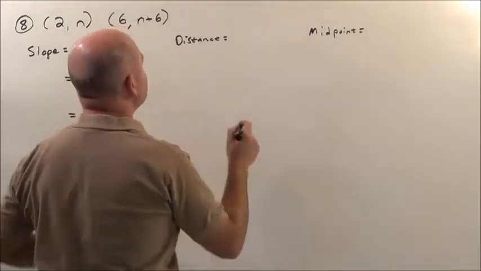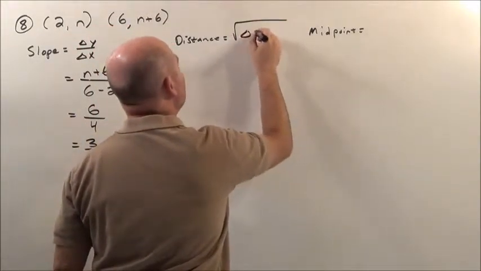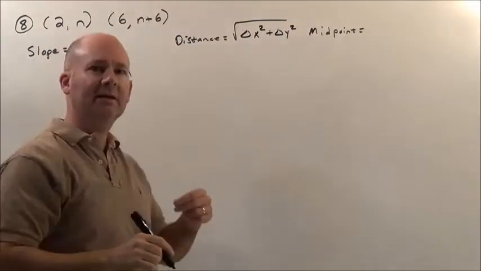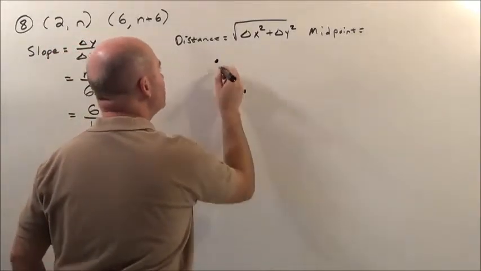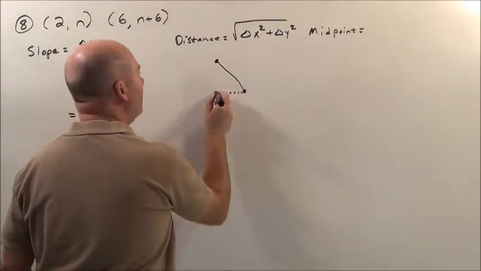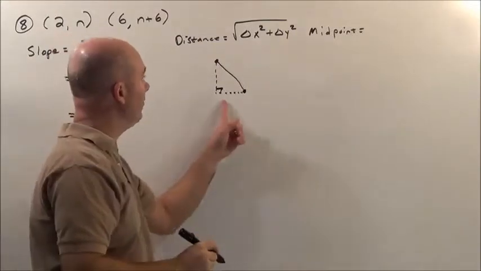The distance. Well, we have that nice formula for the distance. It's the change in our x's squared plus the change in our y's squared. Again, it comes from the Pythagorean theorem, where if you have a point here and a point here and you're trying to find this length, you can go over and then up. You've made a right triangle.